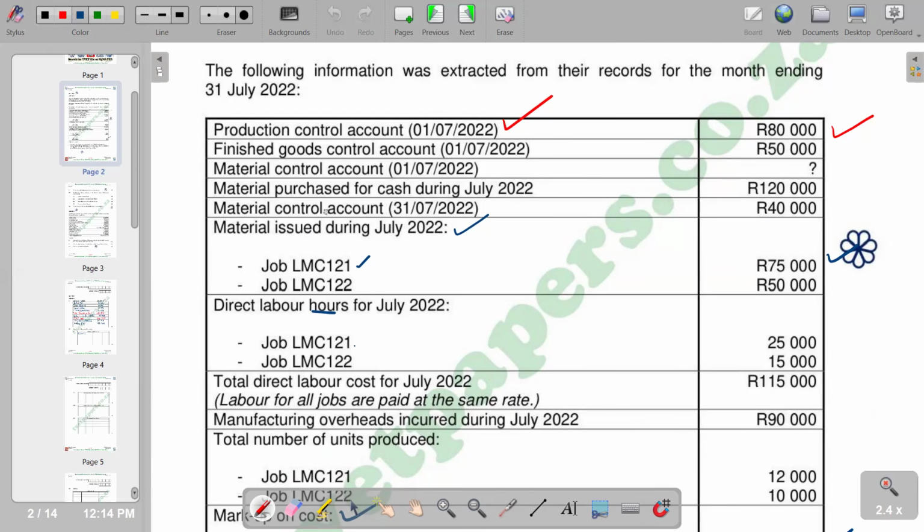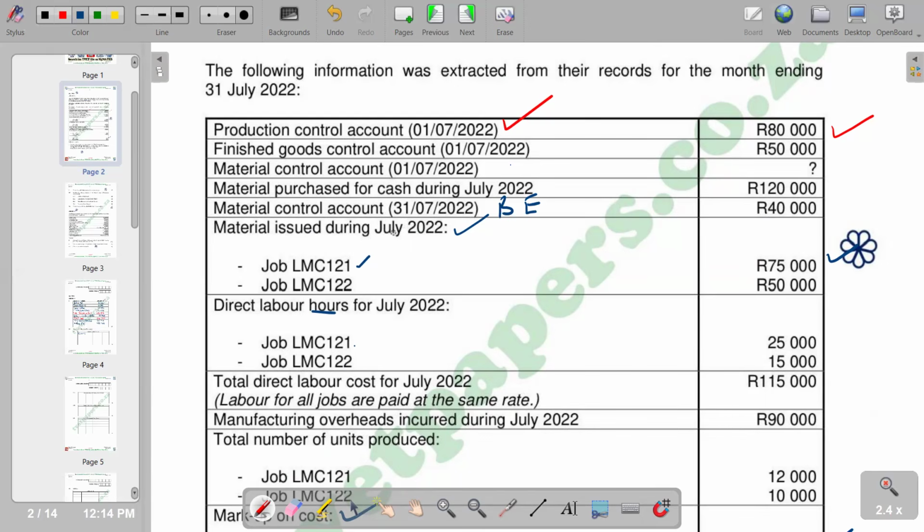In terms of the opening balances, we check in terms of what we have. So we've got the material control balance that we're given is 31/07/2022. Remember, 01/07 is at the beginning. So this one is going to be the balance at the end, which is our 31/07/2022. So it's going to be our balance CD. So we put it as our CD.